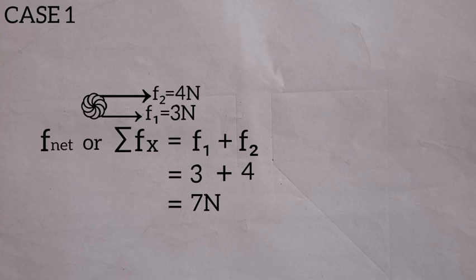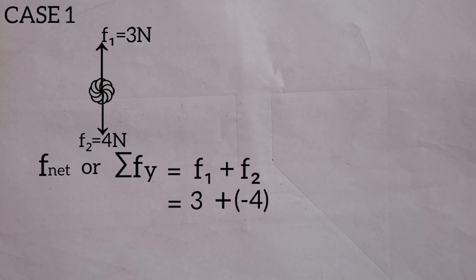So we are dealing with the vertical force now. We said that the upward force is F1 and the downward force is F2. Now we want to look at the net force. That means the summation of F of y, the force acting along y-axis, right? The summation of the forces acting along y-axis, right?